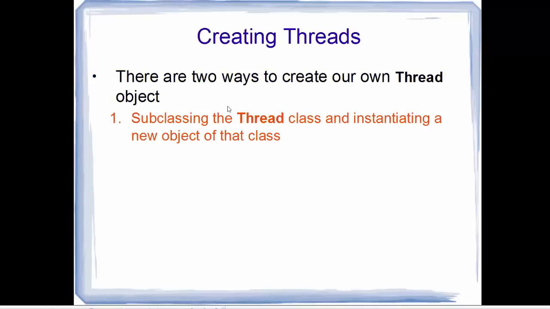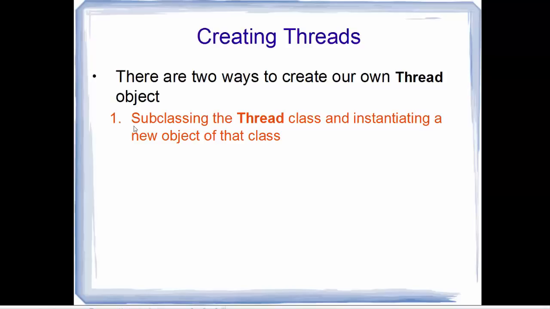Now, how can we create threads in Java? This we will see in the next video, programmatically how we can create Java threads by writing some programs, right? But basically, there are two ways to create our own thread object.